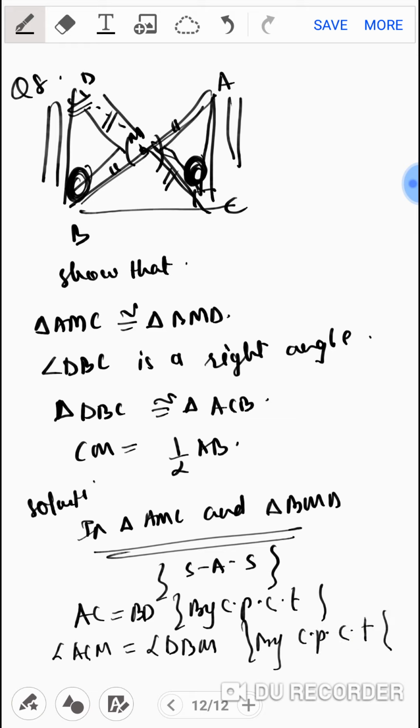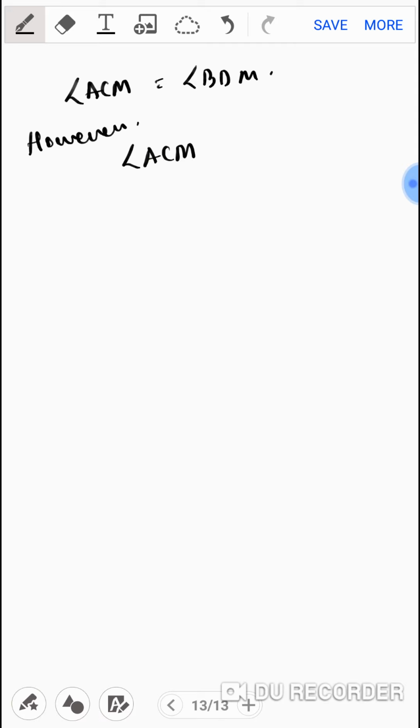Okay, now what will you do? You have to next prove that DBC is a right angle, so you have to prove DBC is 90 degrees. What we'll do? We have taken that ACM is equal to BDM. However, we will write ACM and BDM.